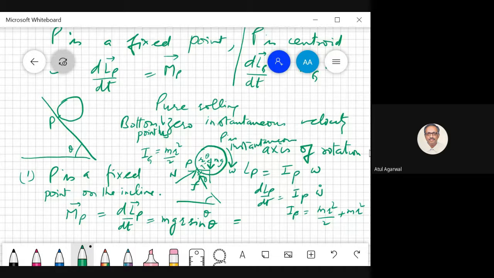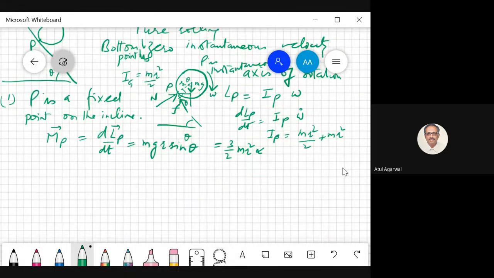It is a kind of polar moment of inertia for this cylinder, about an axis along the longitudinal axis of the cylinder. So now we have 3 by 2 mr square into omega dot, which you can call alpha, the angular acceleration. So what do you get for the angular acceleration of the cylinder?